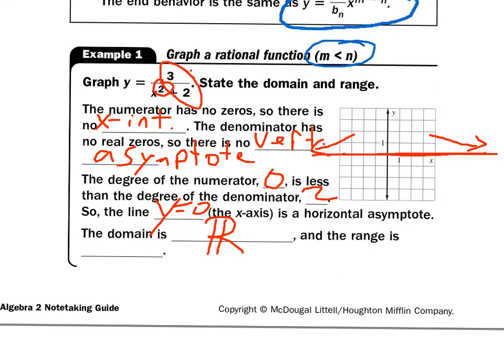So y is going to be between 1.5, which is 3 over 2, and 0. It's going to be between those 2 points. So at most, it's going to be right here at 1.5. So it's going to do this, up, and back down. And if you graph that on your calculator, you'll find that to be the same thing.